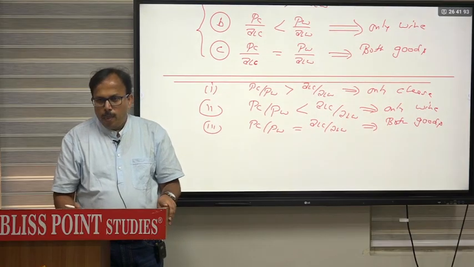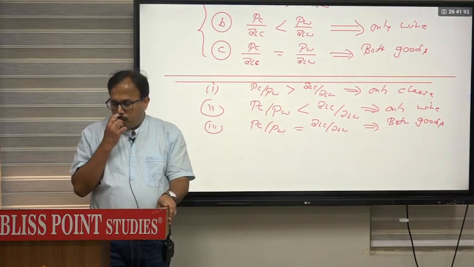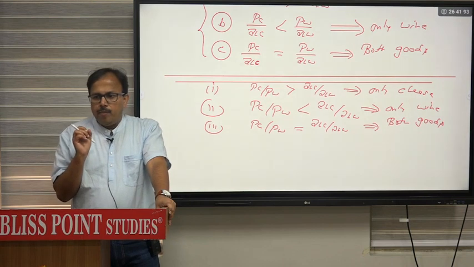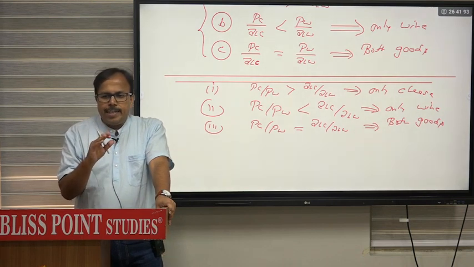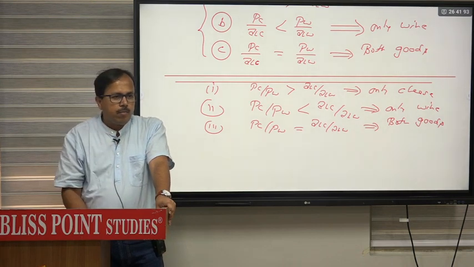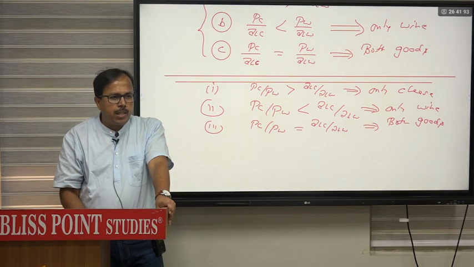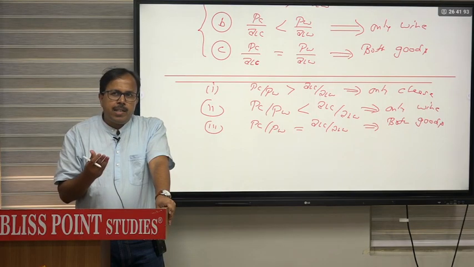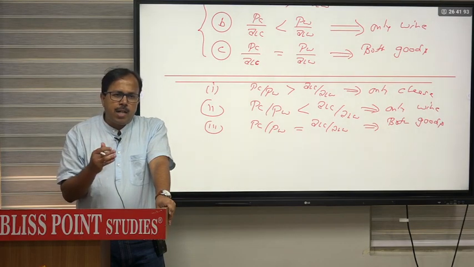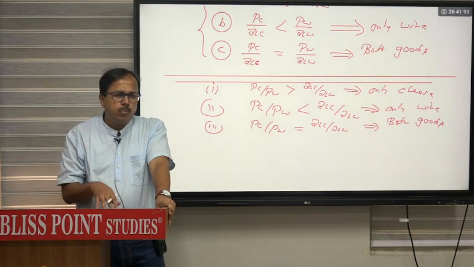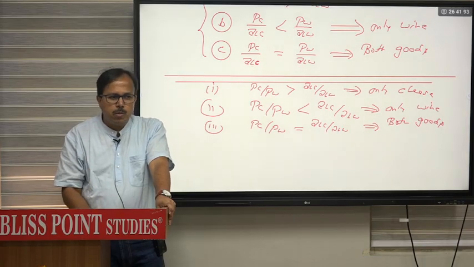Clear? So now one question. If a country is not trading with the other country, home country is not trading with the foreign country, then that country must produce both goods on its own. But what is the condition when both goods can be produced?